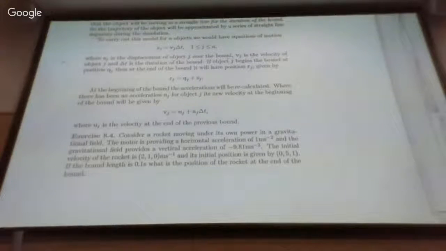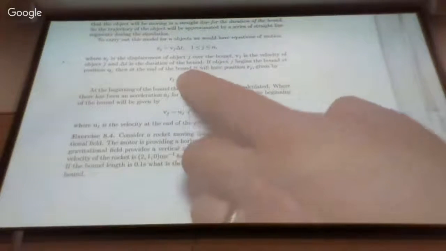So this equation is how you update the position of the object and find out the new position Rj at the end of the bound: its old position, the position it had at the end of the previous bound, plus the displacement that it undergoes in this bound. And in the constant velocity model, the displacement is simply the constant velocity vector for this bound times the time.